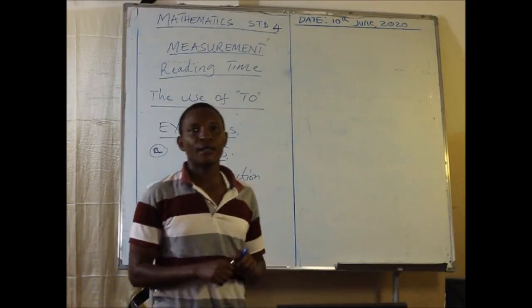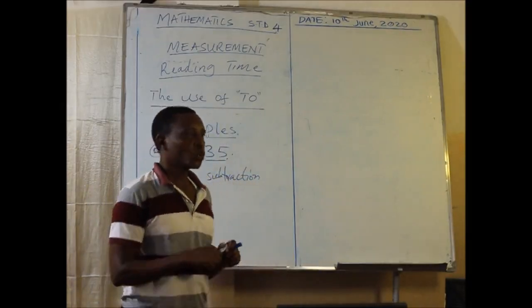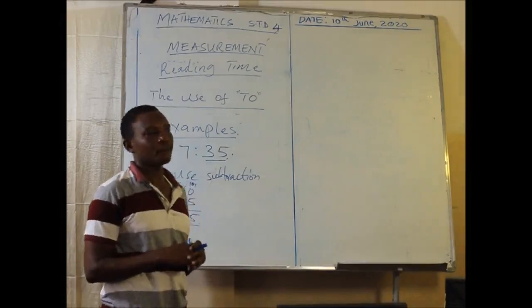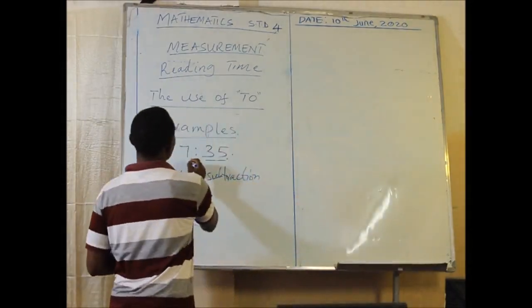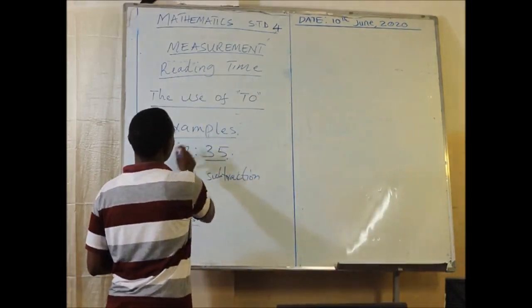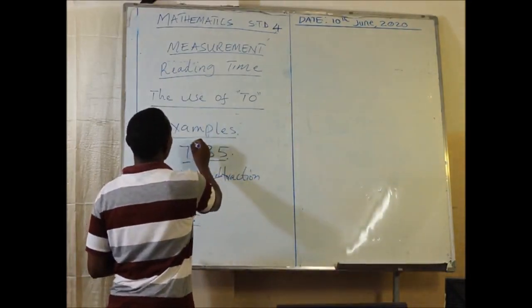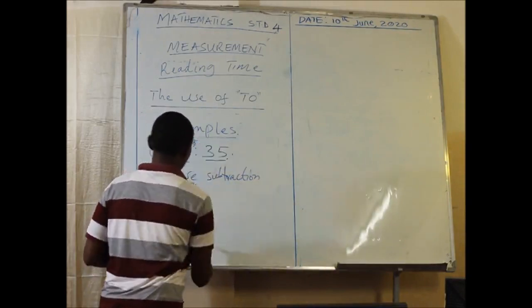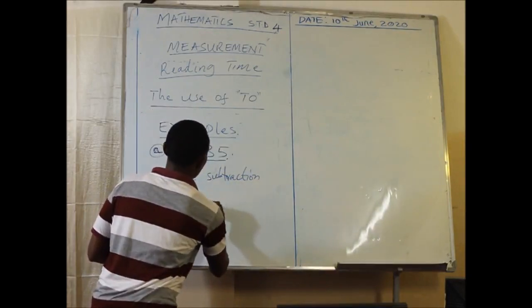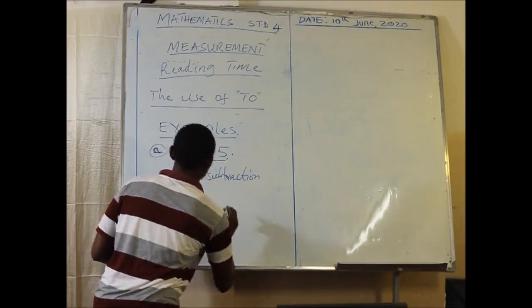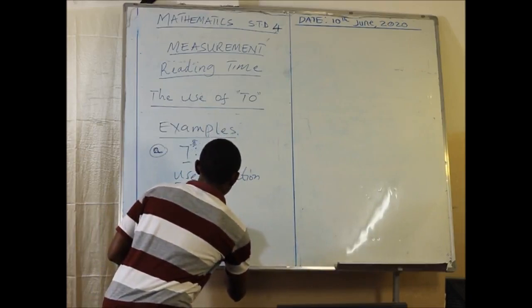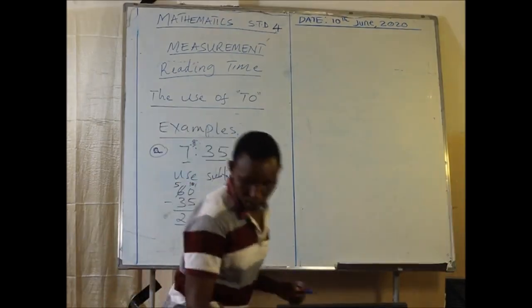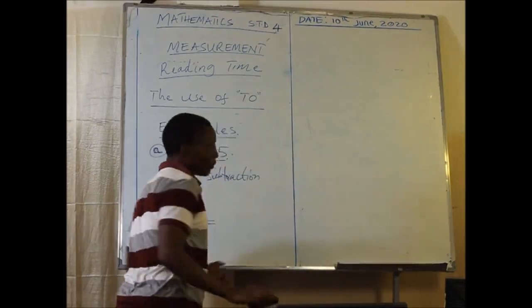As I said, you have to mention the next time. The exact time here is 7, and the next after 7 is 8. So when you are reading this time, you have to start with the minutes.